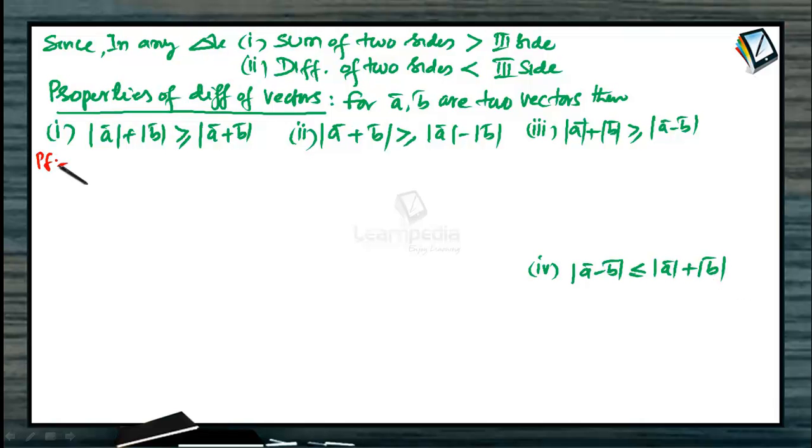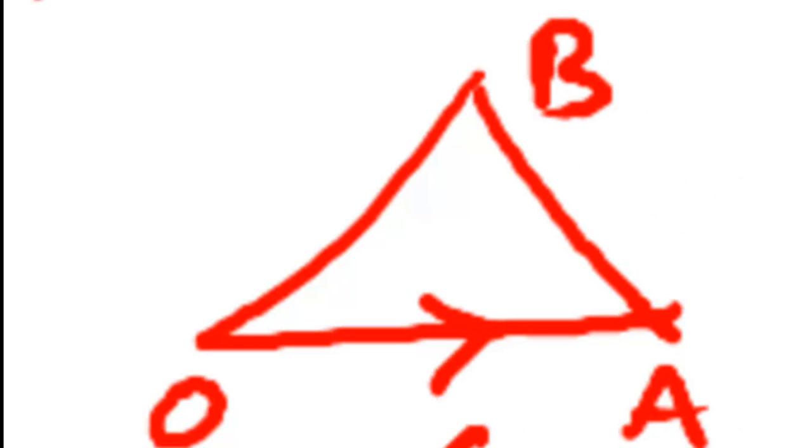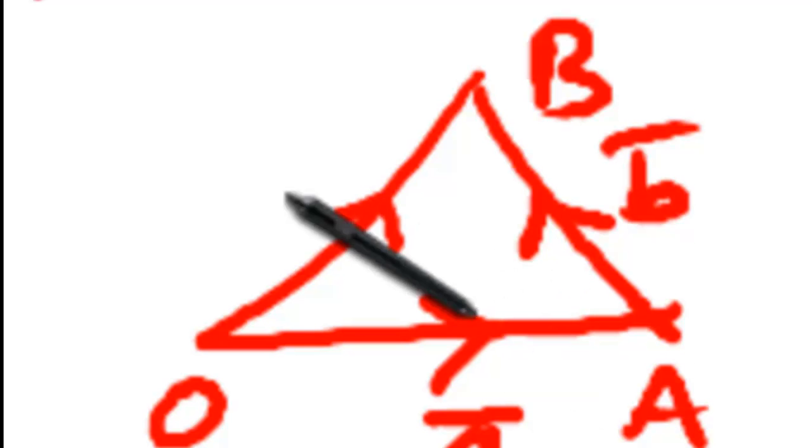Let's have the proof of these by taking a small diagram. Suppose we take OA bar as A bar and AB bar as B bar in a triangle OAB, in which this is A bar and this is B bar. Obviously this is the sum vector A bar plus B bar.